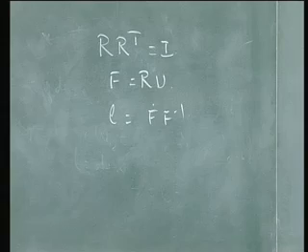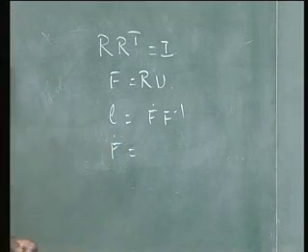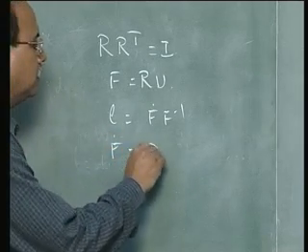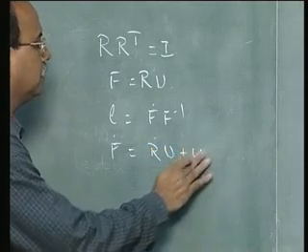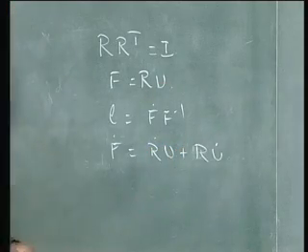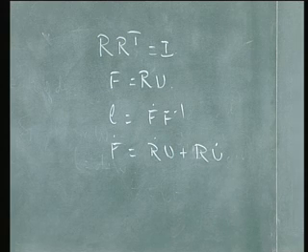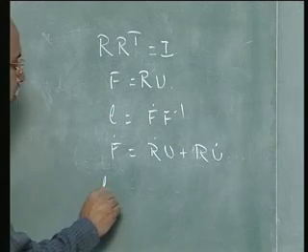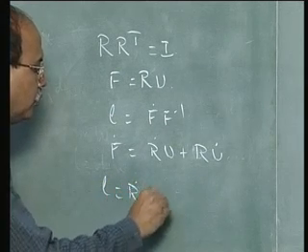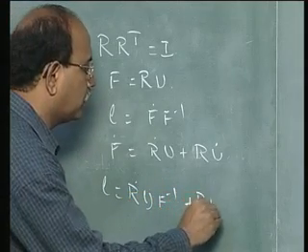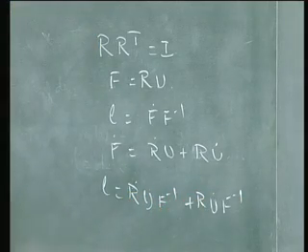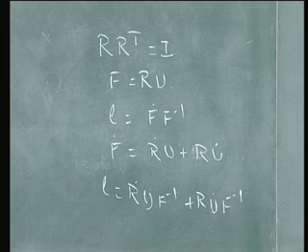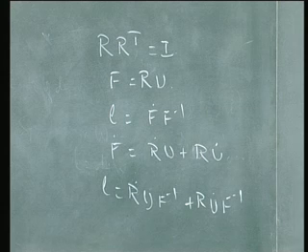So in other words, F dot is equal to R dot U plus R U dot. Okay, that also I am writing. Substitute it back into L. L is equal to R dot U F inverse plus R U dot F inverse. What is U F inverse?